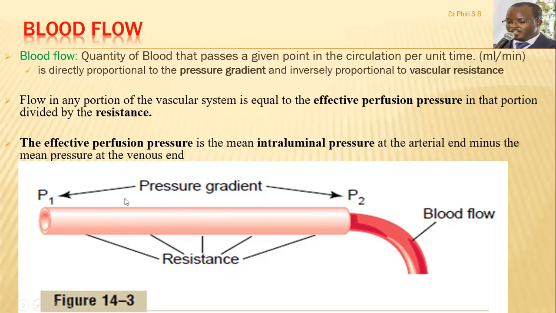So for blood to move in this direction, the pressure at P1 should be greater than the pressure at P2. The difference in pressure gives you the pressure gradient. Then the wall of this blood vessel gives you the resistance, and this resistance is mainly affected by the radius or the diameter of the blood vessel or the tube.